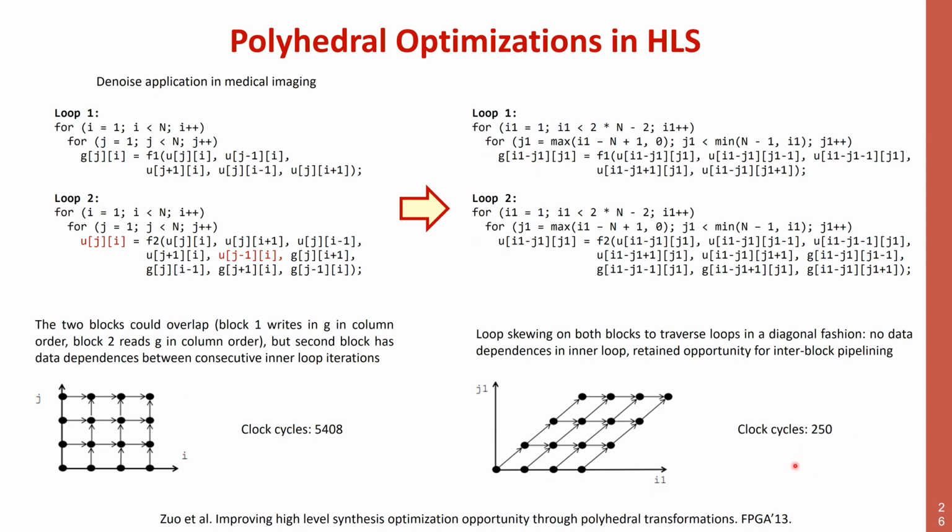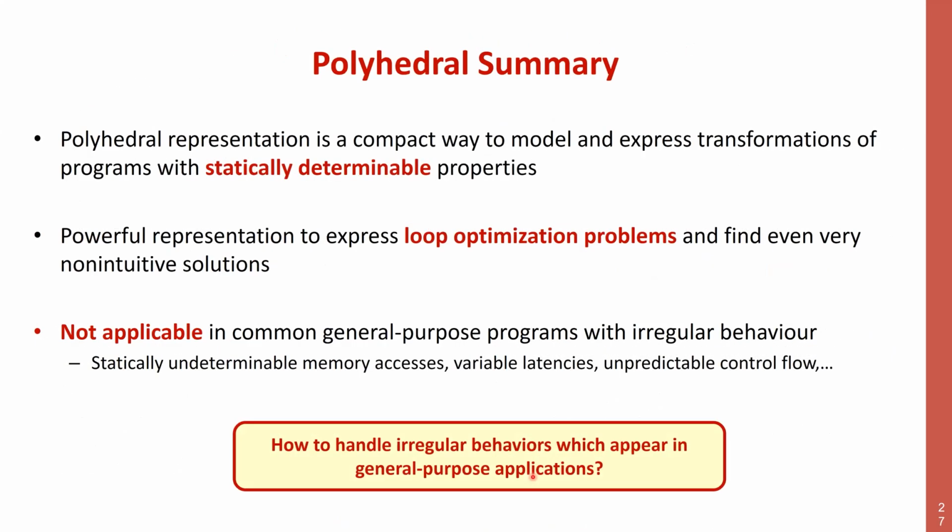And you see here a number taken from some paper that applies these techniques, where you start with a program that the best you can do is 5,000 cycles, and you reduce it by 20 times by applying automatically these techniques. So they are techniques that are incredibly interesting, not at all easy to apply. There are tools actually available that can help you doing this, connected to compilers and so on.